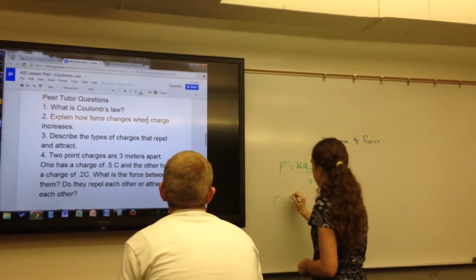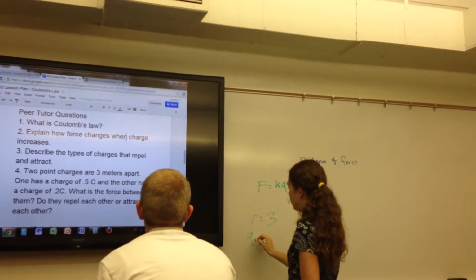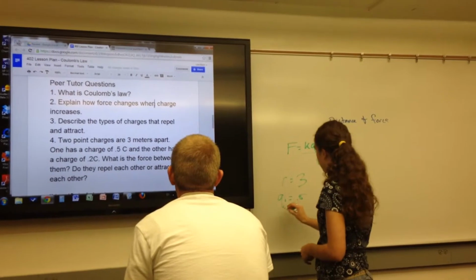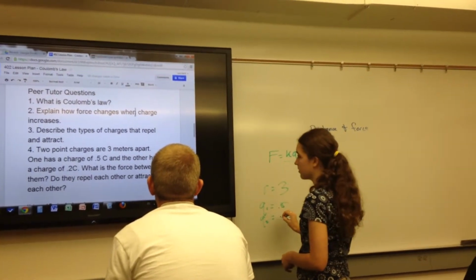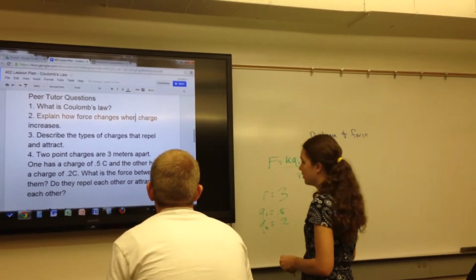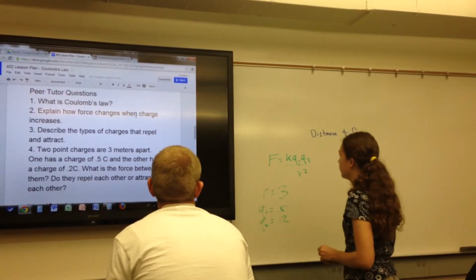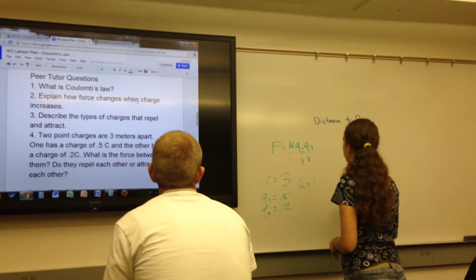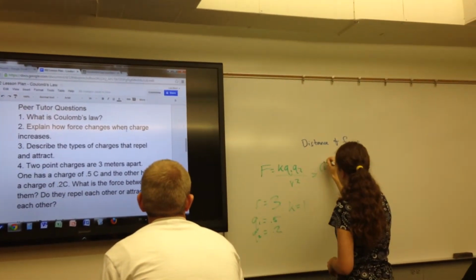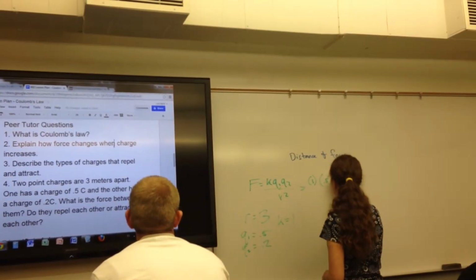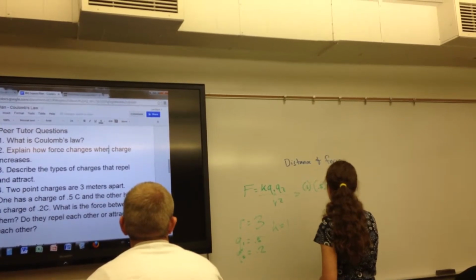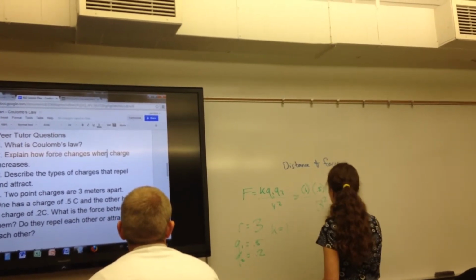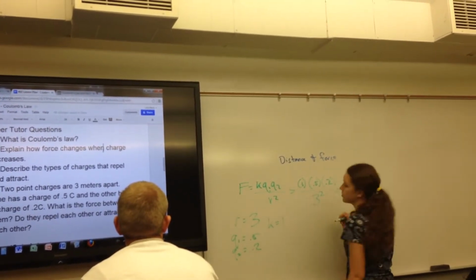So R equals 3, Q1 equals 0.5, Q2 equals 0.2. That is the force between them. You can ignore K because it's just a constant. So 1 times 0.5 times 0.2 all over 3 squared. So 0.5 times 0.2 is 0.1.